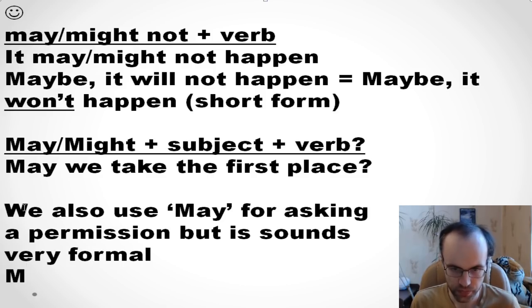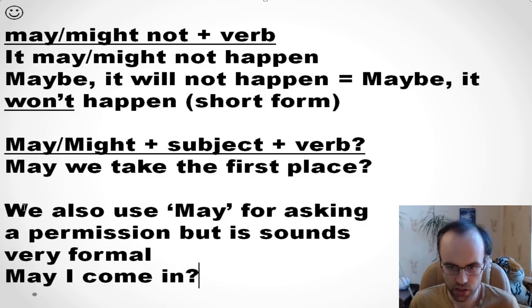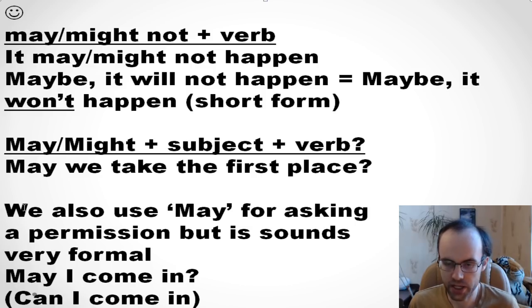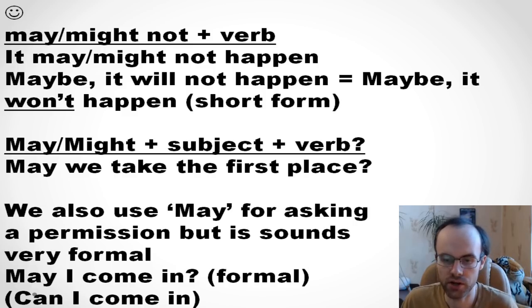Look. May I come in? It means can I come in? May I come in, or can I come in? But it's a very formal structure. Okay, but anyway, I think you need to know it. Okay, you see, may, might not plus verb. It may not happen.